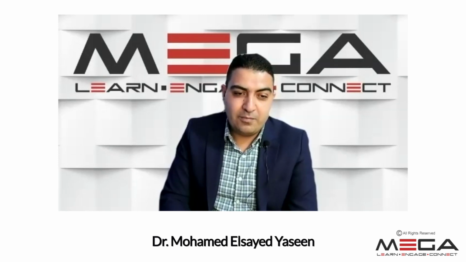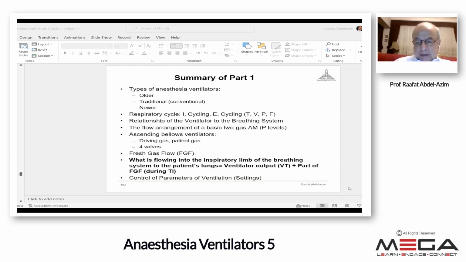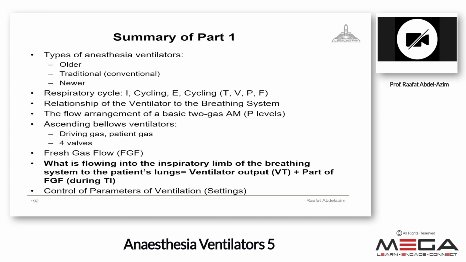Regarding my previous lectures, I will give only a few words about the summary of parts 1 to 4. In part 1, now everybody knows the types of anesthesia ventilators, what the respiratory cycle is, and the relationship of the ventilator to the breathing system. This is very important.